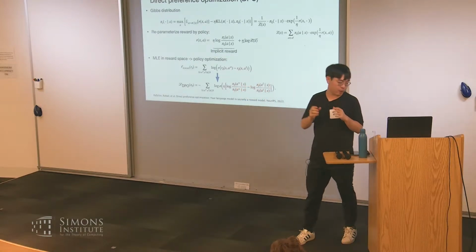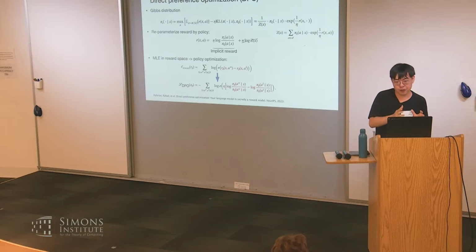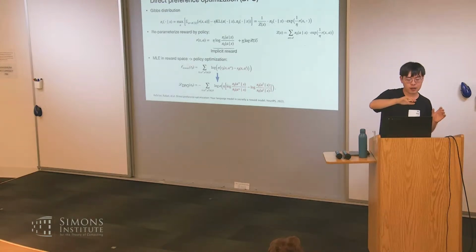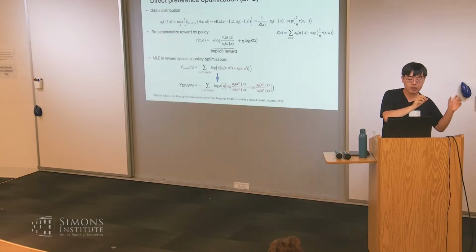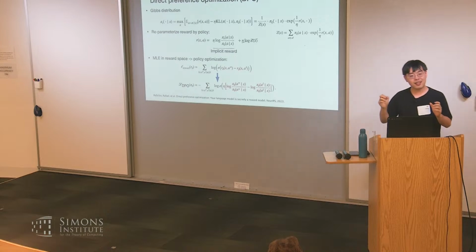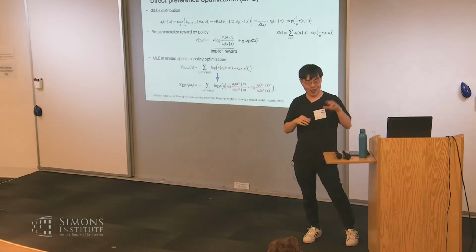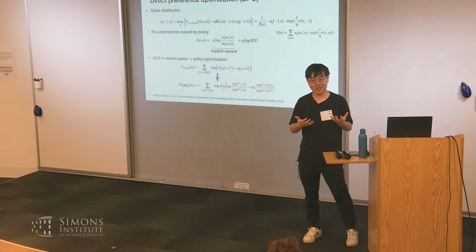I think it can still improve your original policy a lot, so your final DPO policy is better than the supervised fine-tuning policy. But whether it's better or worse than the RLHF policy, to be honest, I don't really have an answer.